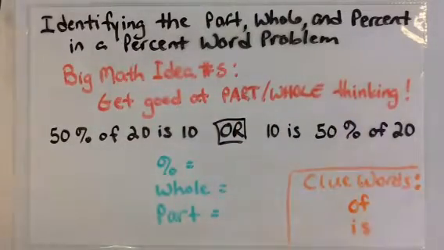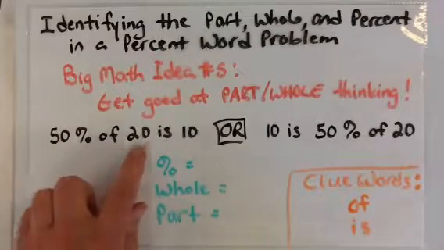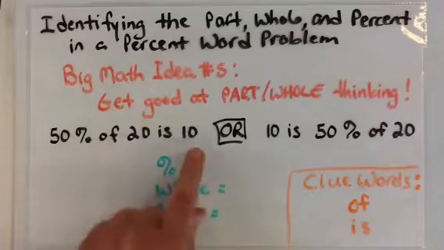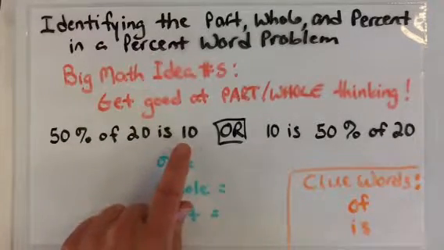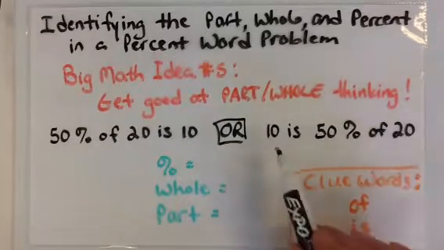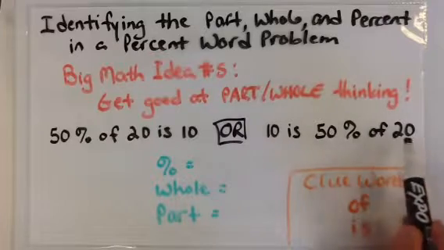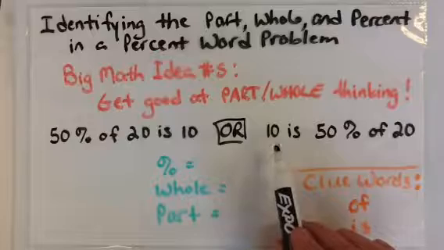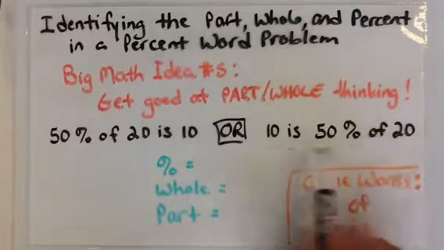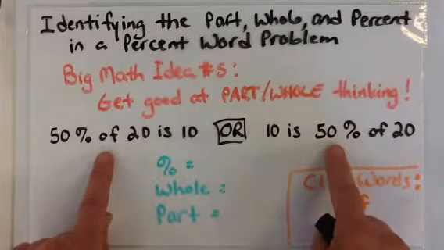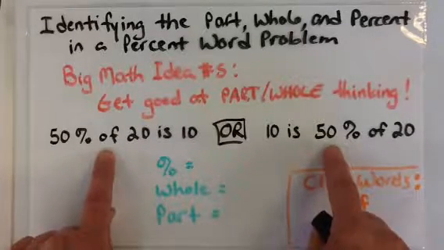All right, so I want to start with these 2 statements. 50% of 20 is 10. That's a standard little percent statement. And I want you to notice that I rearranged the statement over here: 10 is 50% of 20, because we will sometimes read or hear this kind of statement, but both of these statements are just 2 different ways of saying the same thing.